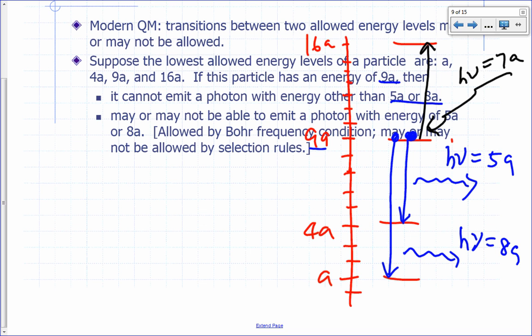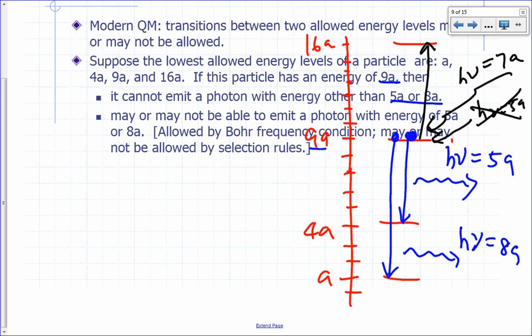What if a photon comes in with energy of 5A? It would only take it to 14A, since 9 plus 5 is 14, so this is not allowed. You know for sure it's not allowed. Now, 7A is allowed by the Bohr frequency condition. It may be allowed, but you have to look at the selection rules to know for sure.